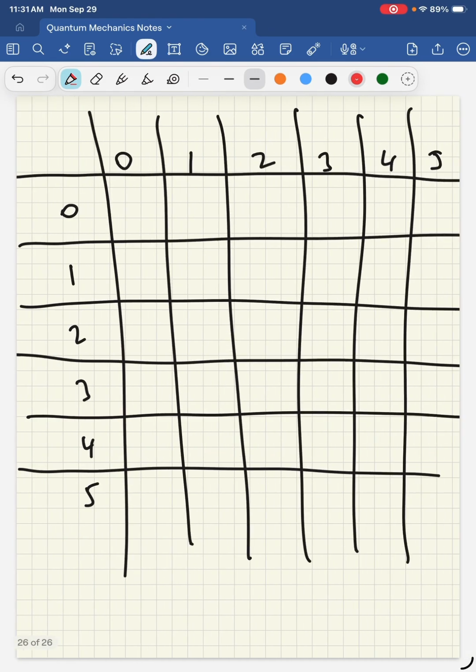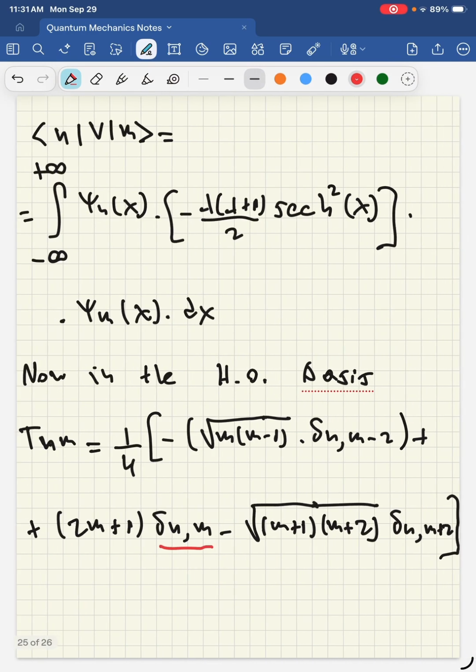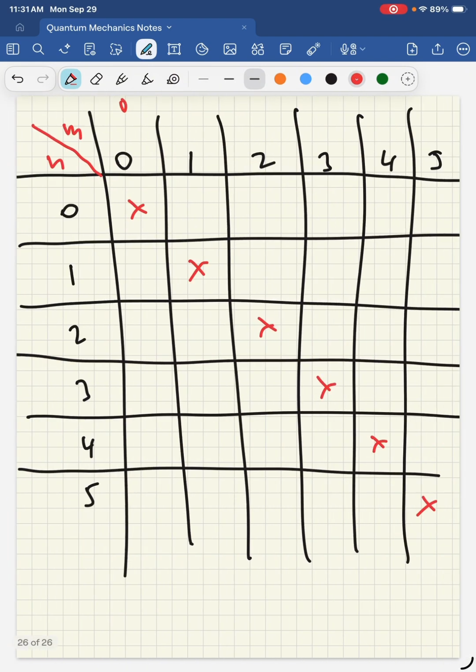Okay, so we'll have matrix elements here, and let's say that this is N and this is M. Okay, now this Kronecker tells us that M minus 2 delta N, okay, so delta N M minus 2.